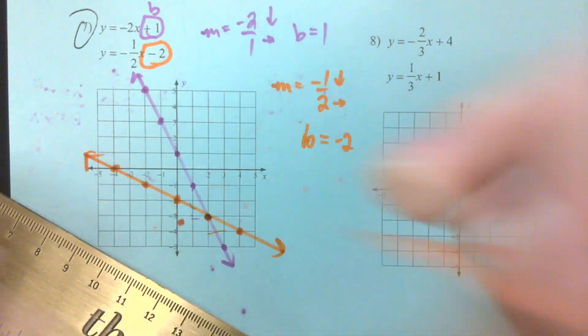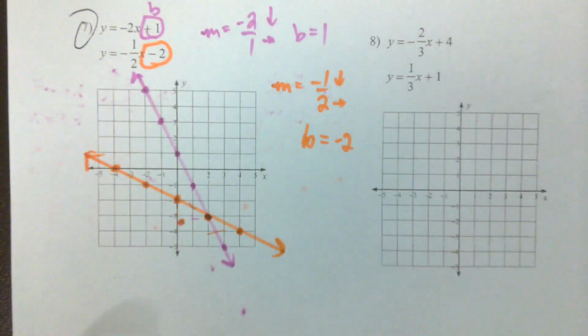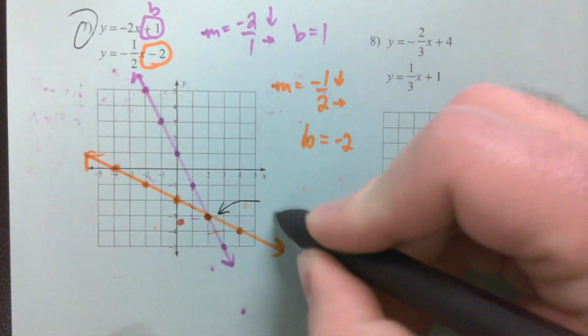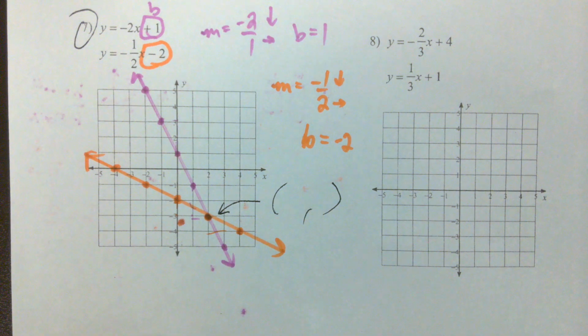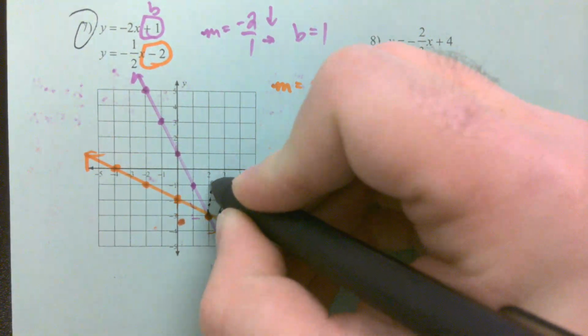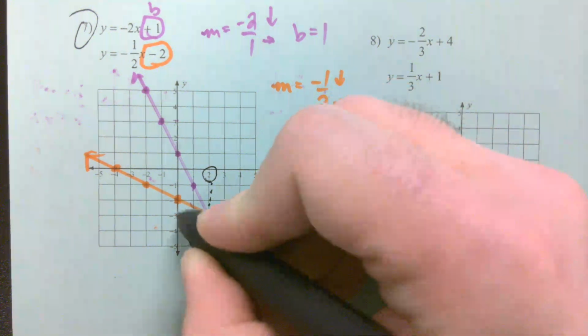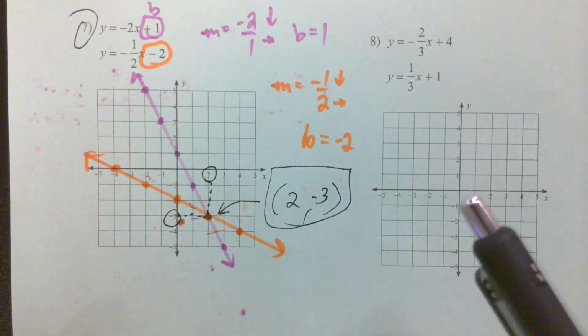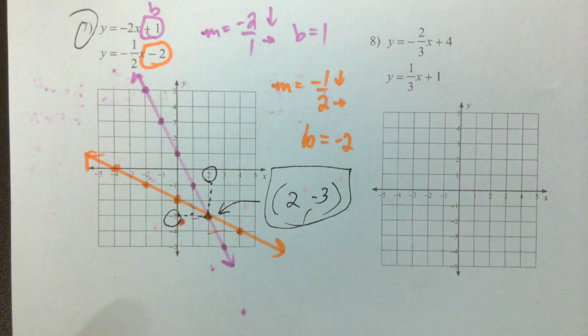Line it up, and we intersect right there at the point 2, -3. 2 on the x, -3 on the y, boom, there's my solution point.